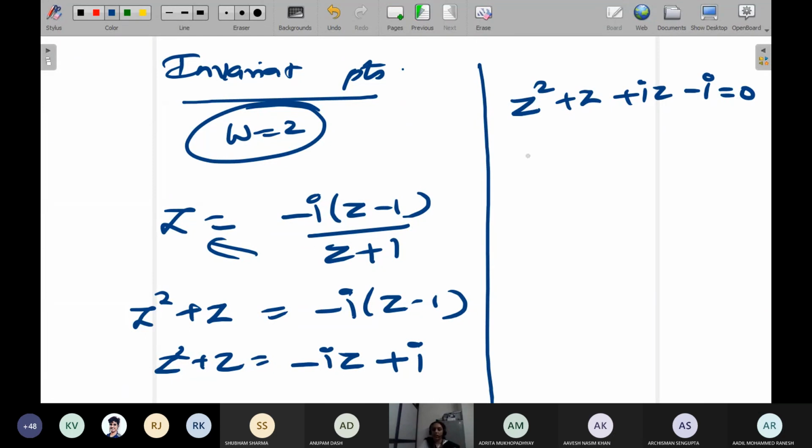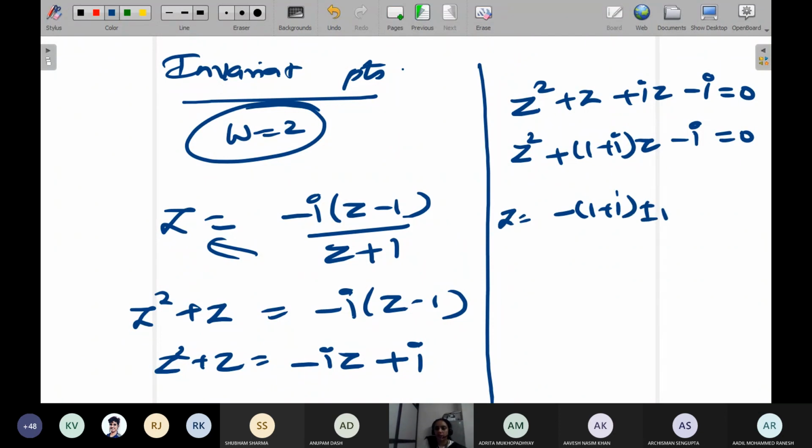You can rewrite it as z square plus (1 plus i) into z minus i equal to 0. It is a quadratic equation. So find z by minus b plus or minus square root of b square, where b square is (1 plus i) the whole square, minus 4ac.